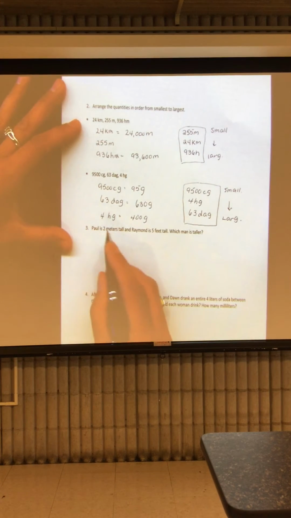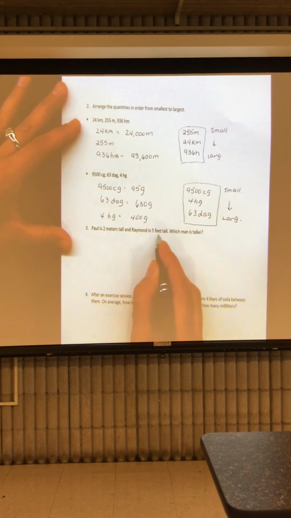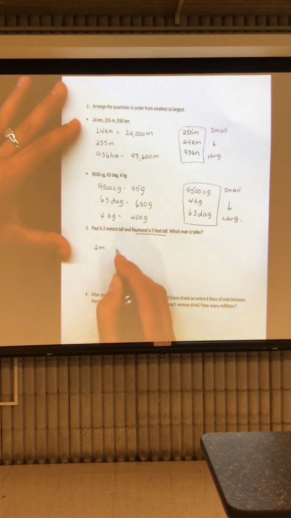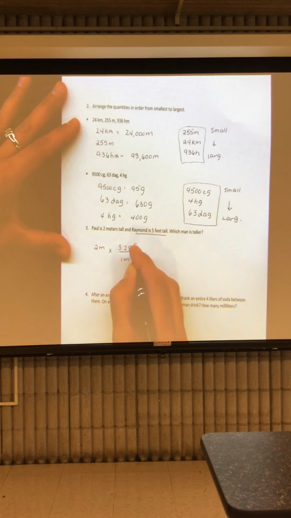Number 3, we convert the 2 meters to feet. We know that Raymond is 5 feet tall, but Paul is 2 meters tall. Converting the 2 meters into feet, we know that 1 meter is equal to 3.28 feet.